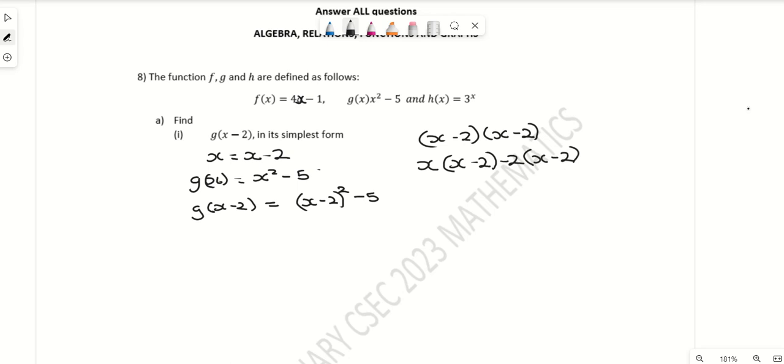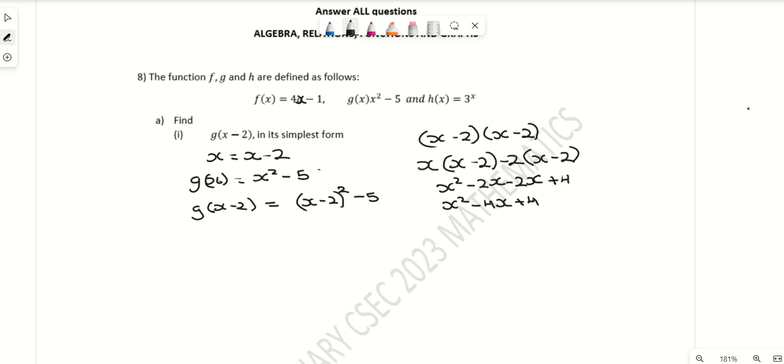So now we're going to multiply x by x is x squared. X by minus 2 is minus 2x. Minus 2 by x is, again, minus 2x. And then we have minus 2 by minus 2. Minus and a minus is a plus, so we have plus 4. This will be equal to x squared minus 2x minus 2x is minus 4x plus 4.